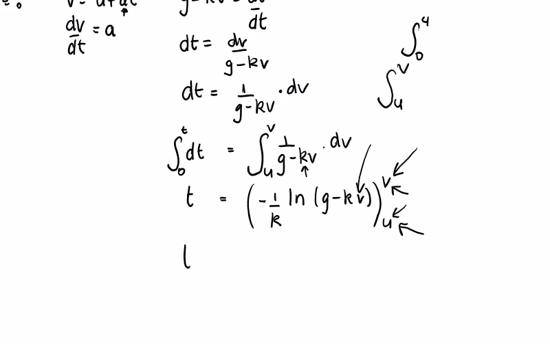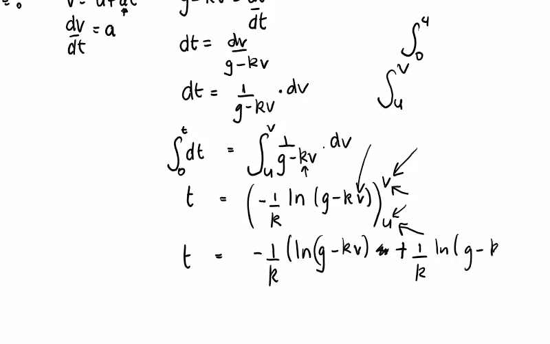So let's do that for t. Minus 1 over k by the natural log of g minus kv. And it's going to be minus 1 over k, so I'm just going to change that into a plus 1 over k by the natural log of g minus ku. And if I multiply by k and just switch these two around, I'm going to have the difference of two logs, which we know is a division from our log rules.